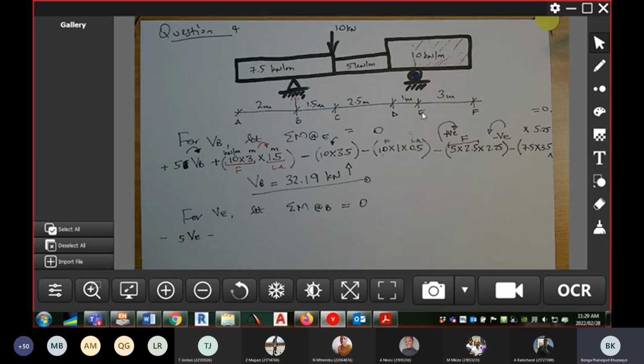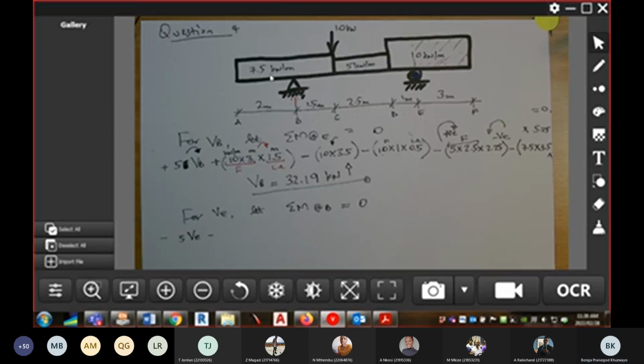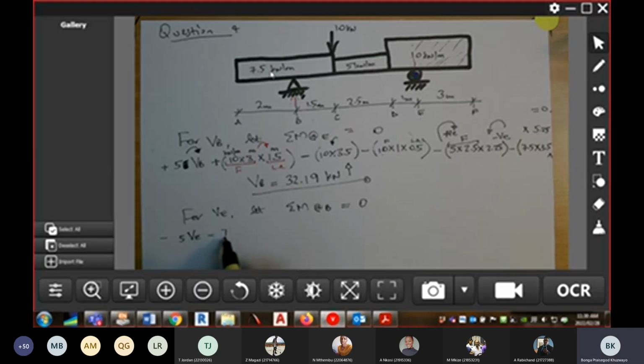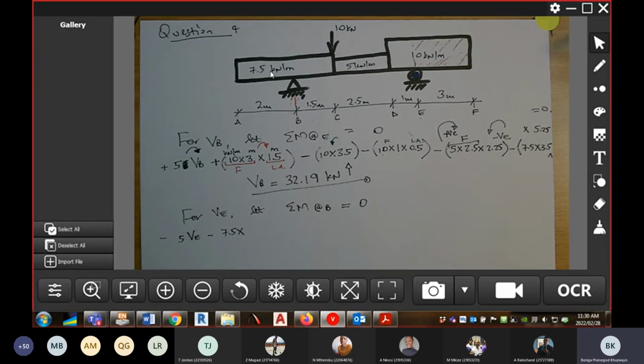Okay, right, so we've done this one, VE times the lever arm. That force there, this one is causing anti-clockwise rotation about node B. Okay, so minus 7,5 over a distance of 2 meters times the lever arm is 1. Then we have moments that are going in the clockwise direction.